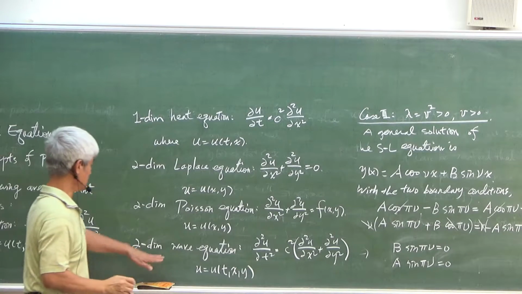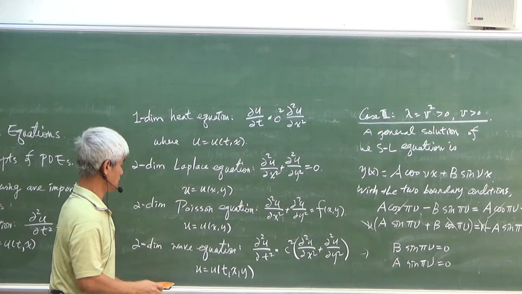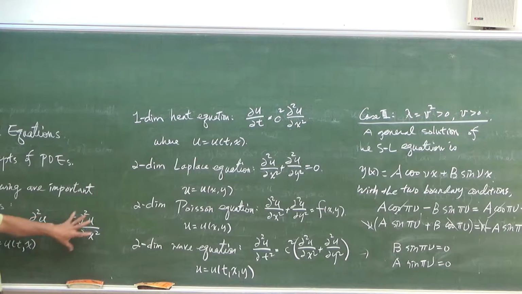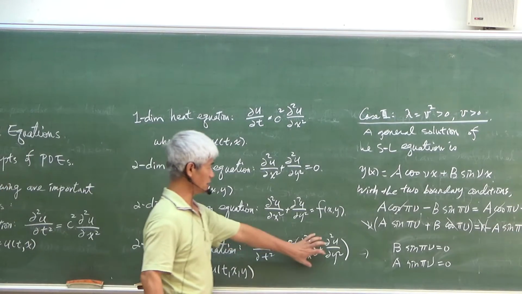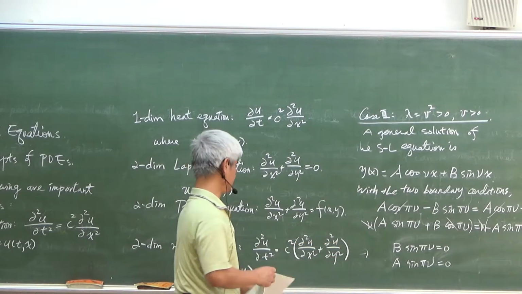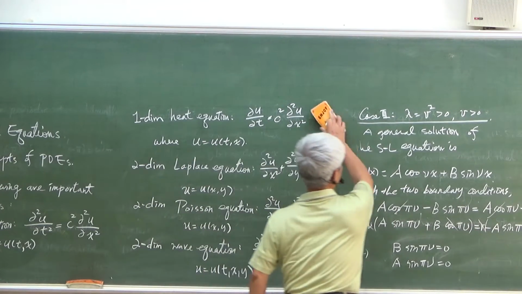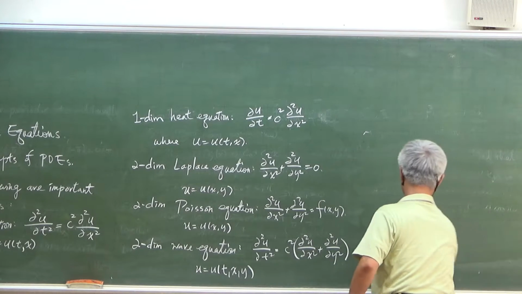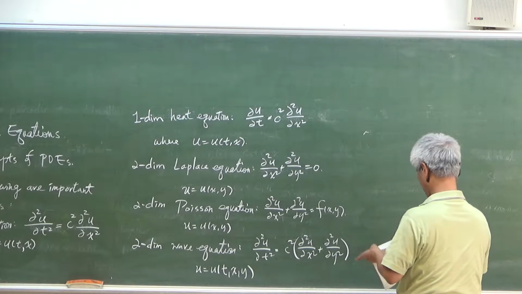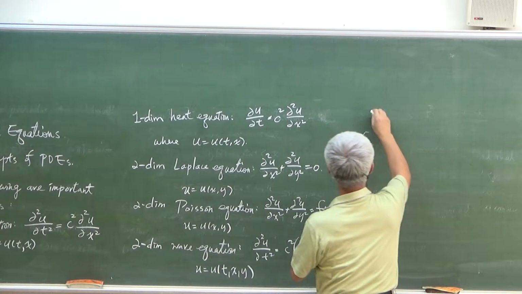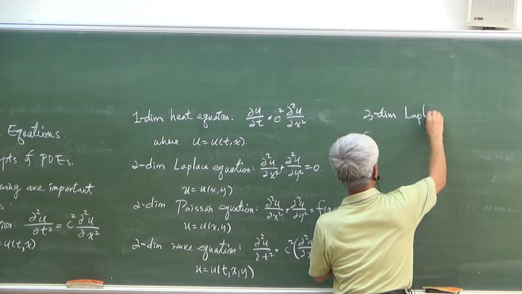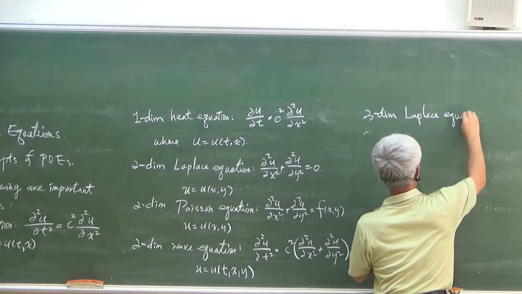So this is the wave equation. Compare the two-dimensional wave equation with the one-dimensional wave equation. You can see that the only change is in the spatial dimension. Okay, three-dimensional Laplace equation.